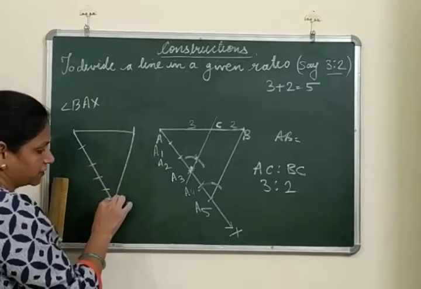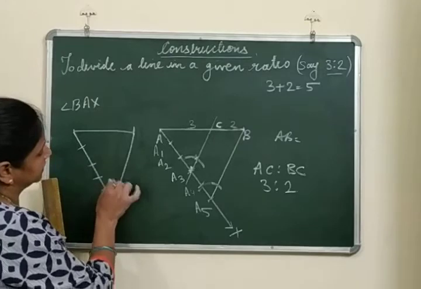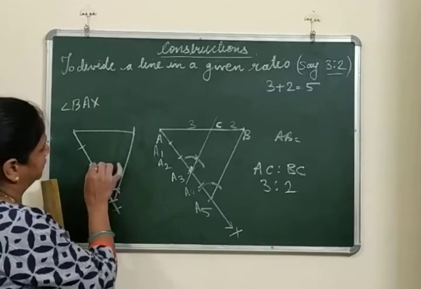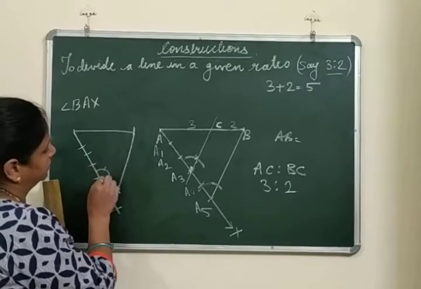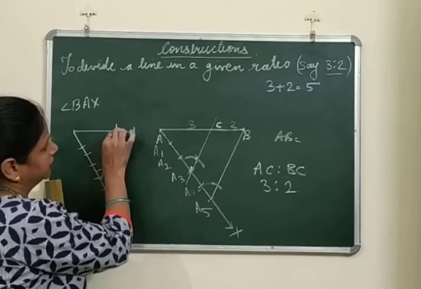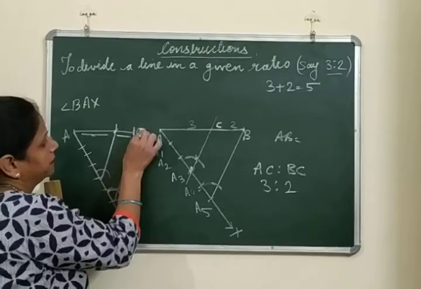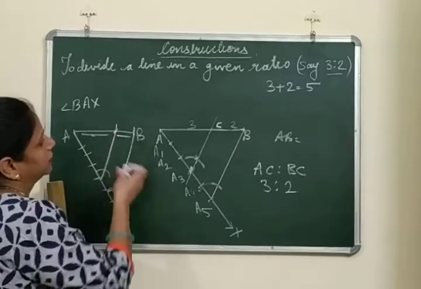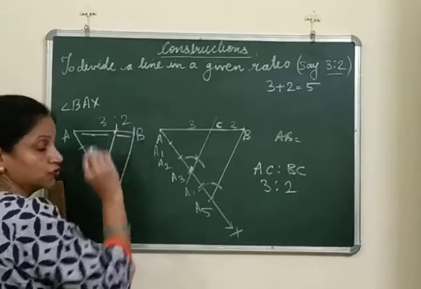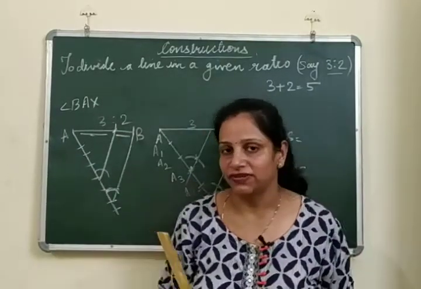Join the last point with B. Measure this angle, make the same angle here, and make a line which is parallel to this line. Now AB is divided in the ratio 3:2. I hope this construction is clear to you all children.